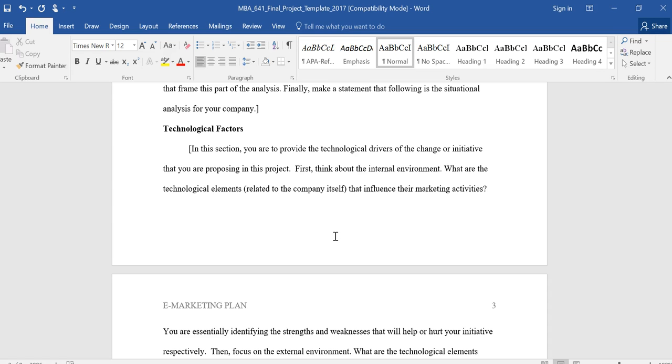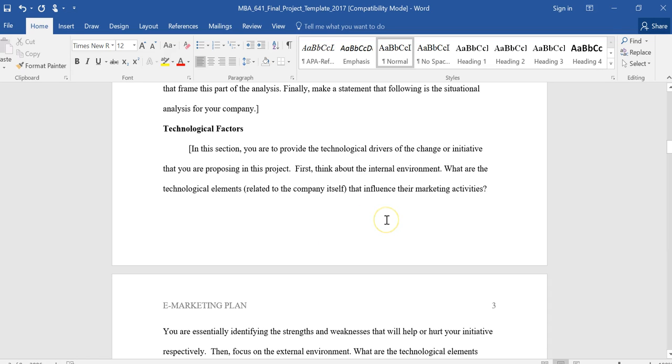And talk about the technological drivers of that change. Now, I want you to do this for all 3 of these perspectives. First, I want you to say, okay, inside of this particular company, what are the things related to technology that are actually driving this innovation, that make this innovation necessary or beneficial? Okay, so think about that. Think about the internal environment.